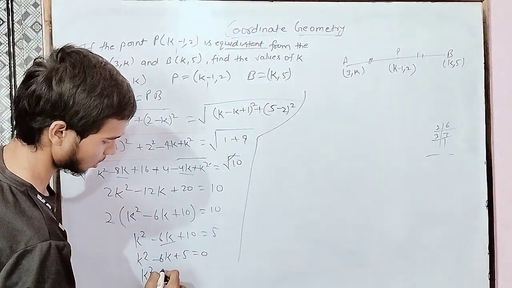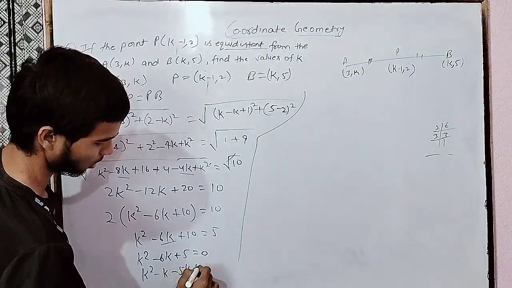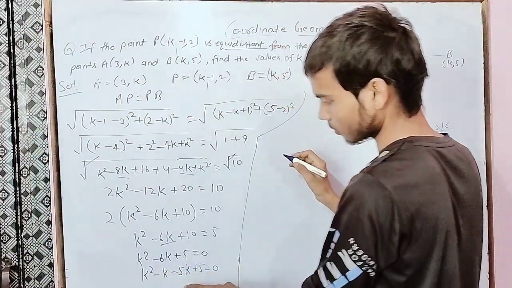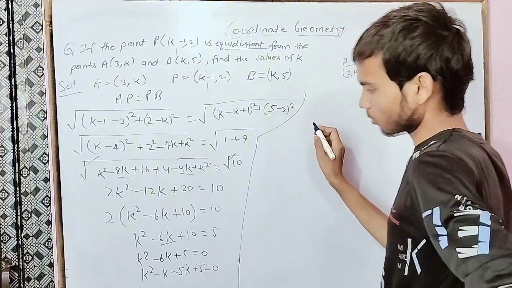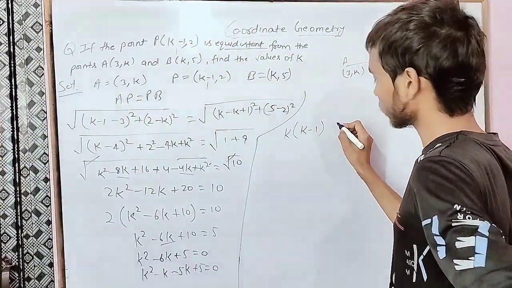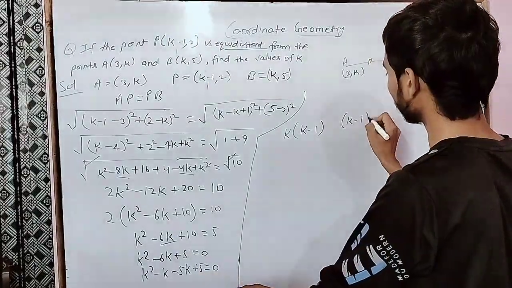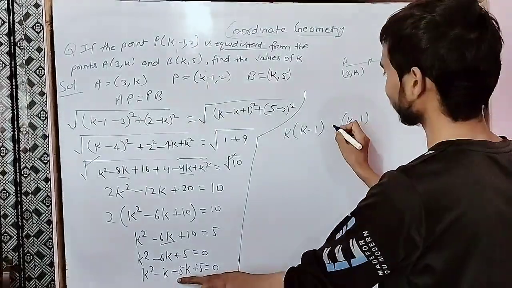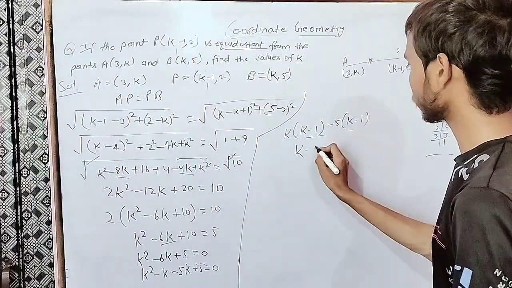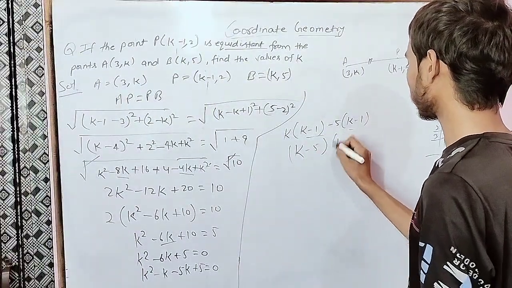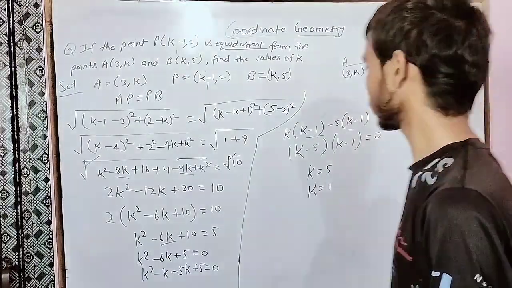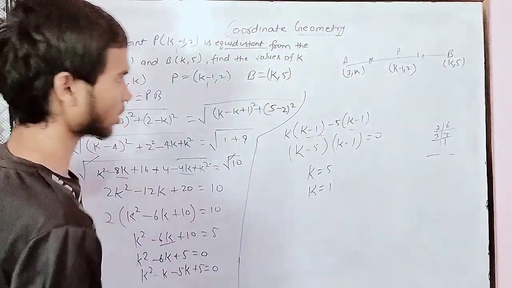It means minus k minus 5k 0. Okay, minus 5k 0. From here k and k minus 1. Next is k minus 1 and it will be minus 5. So we will take this common, minus 5 and k minus 1 0. First is 5, second is 1. So here you can see.